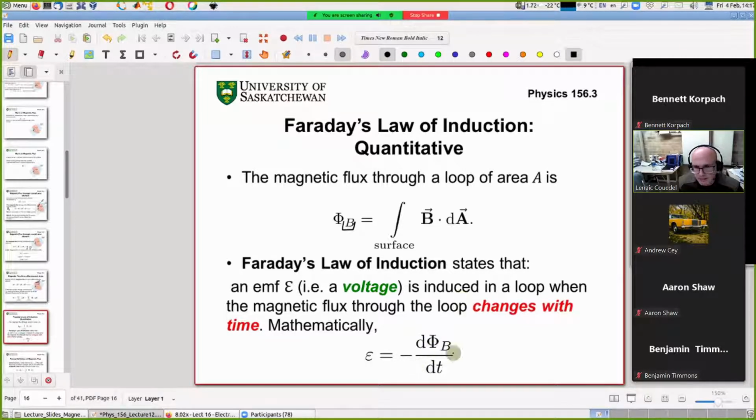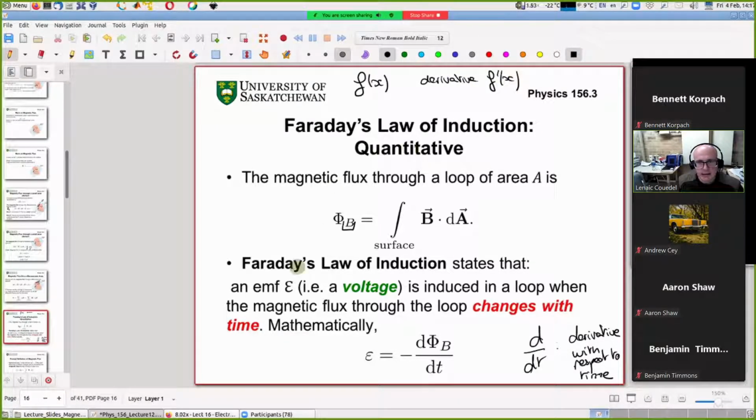Okay, so d over dt, this is the derivative with respect to time. In math, normally you define a function as f of x, and the derivative is f prime of x.